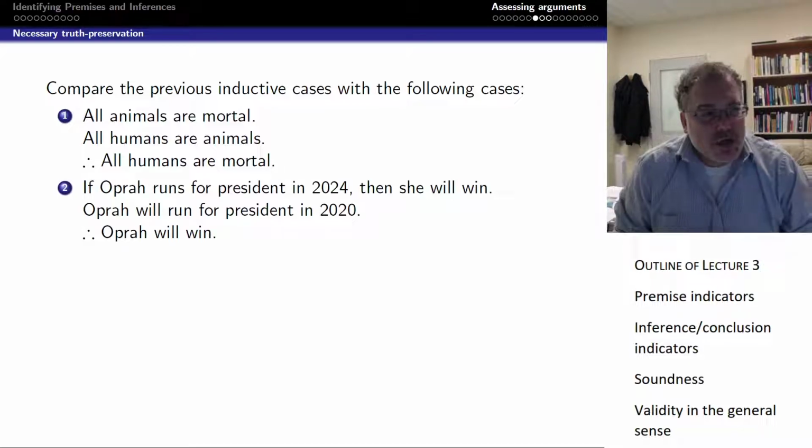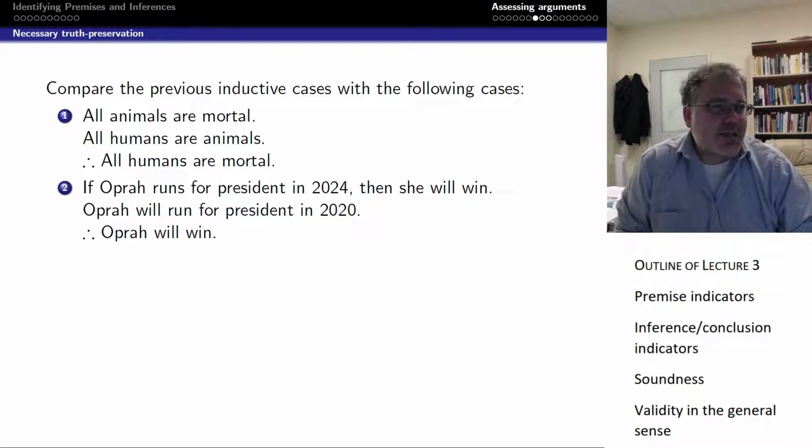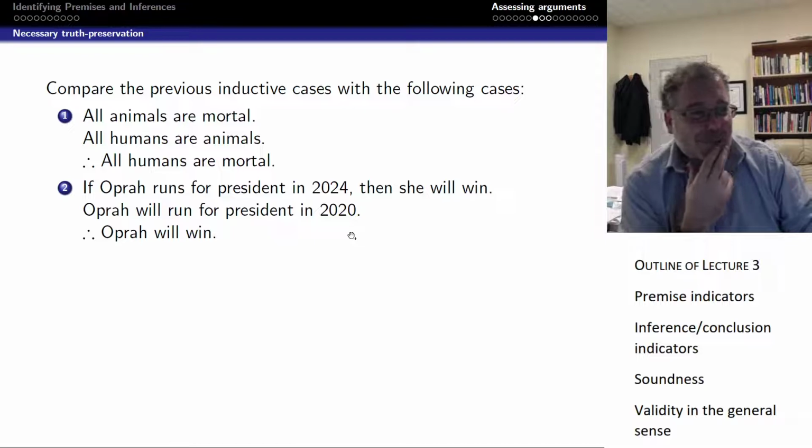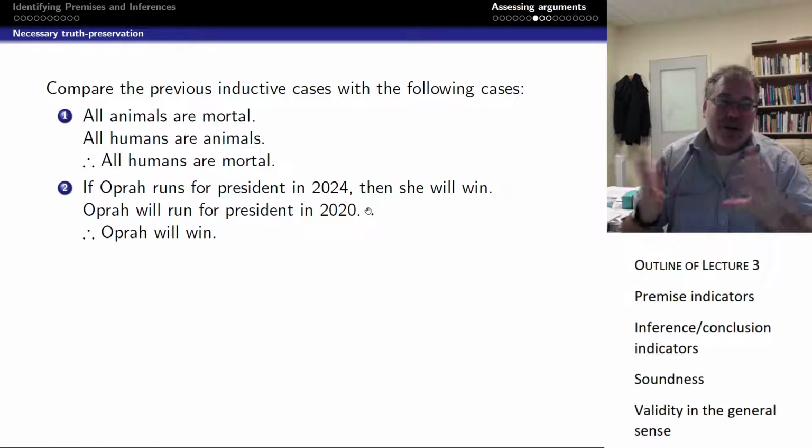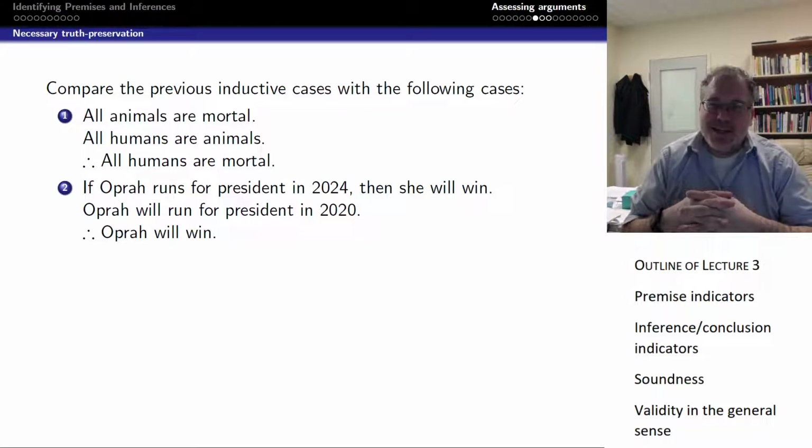If Oprah runs for, oh no, I made a mistake. I changed the year because that's what one does. If Oprah runs for president in 2024, then she will win, and that should be 2024 as well. My apologies. Oprah will run for president in 2024, therefore Oprah will win. Right?